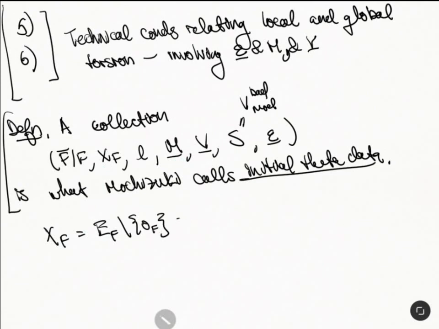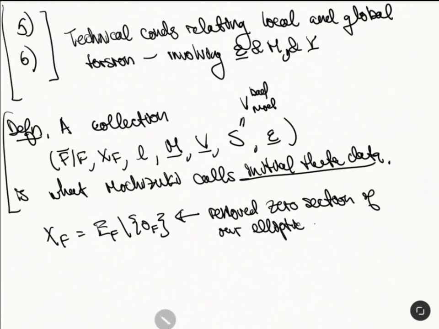So we removed the 0 section of our elliptic curve. Okay, that's an algebraic closure. I already said that. Okay. So let me just go and talk about the rest of these technical conditions, and I'll come back to this.